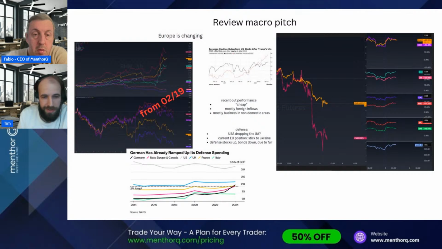And what can we say? It worked out pretty good. But unfortunately, the chart is so small for me here. I have to look over here. Yeah, a few defense stocks out of the EU from the 19th of February. In Germany, Rheinmetall up 25%.